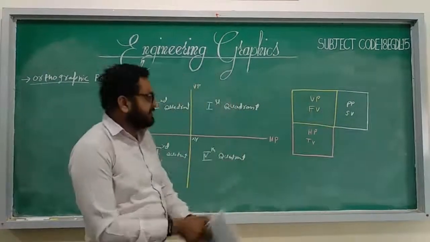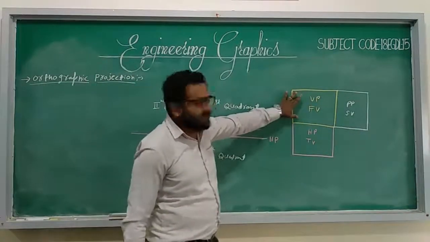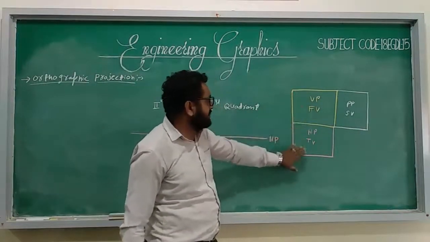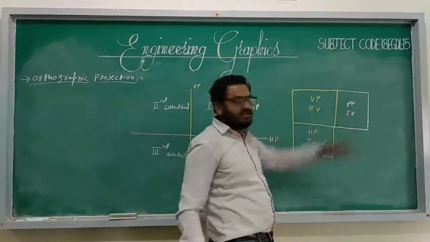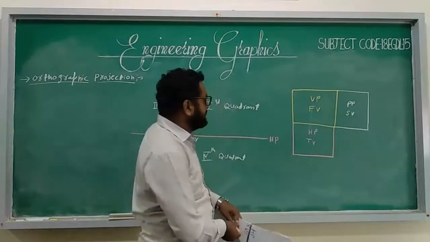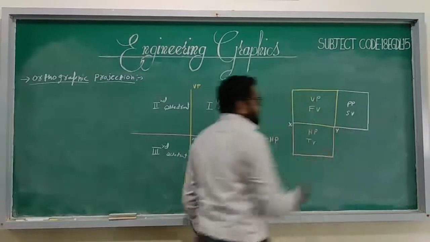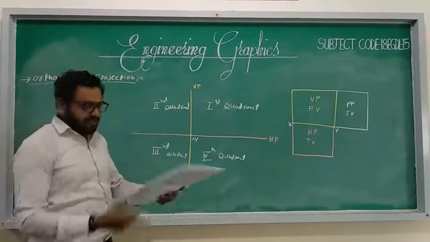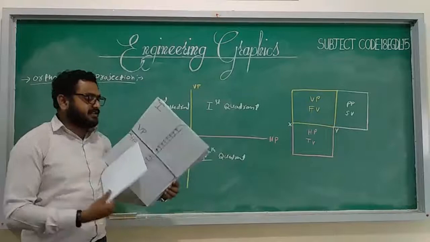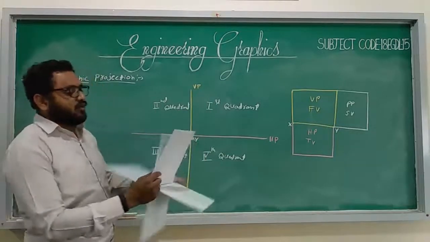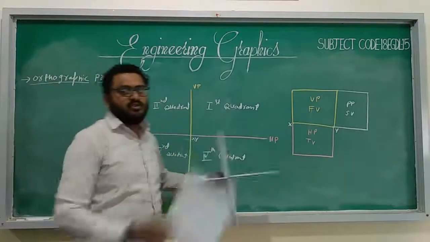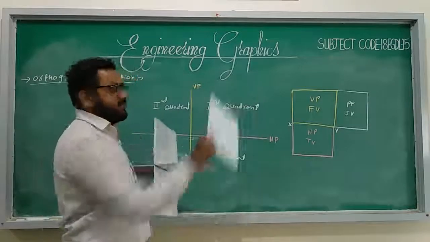Okay, like this, isn't it? The vertical plane, front view, horizontal plane, top view, and profile plane, side view, we will get. And this intersection we can call X and Y. In the same way, for all these four quadrants, if you rotate and open them, we will get all the different views.